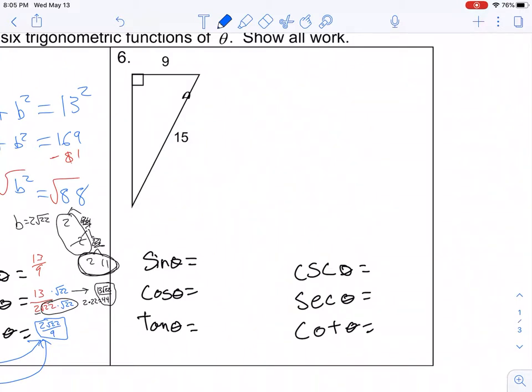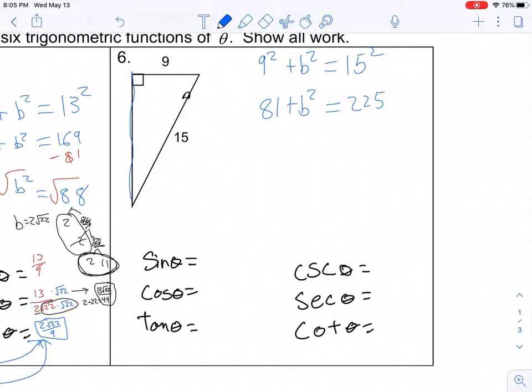So we've got to figure out this missing side first. So that's what we've got to find using the Pythagorean theorem. 9 squared plus b squared equals 15 squared. That's 81 plus b squared equals 225. I should know this, but let me just double check to make sure.